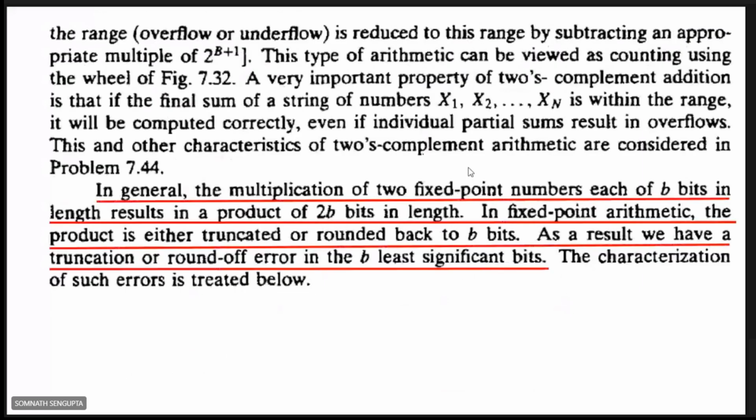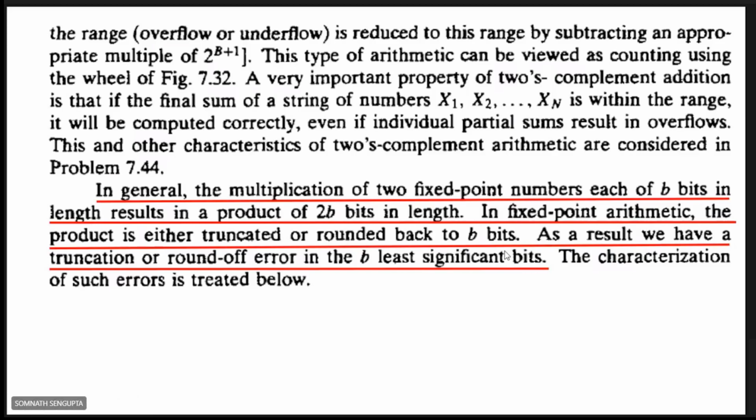Now, this last paragraph you study. In general, if you want to multiply two fixed point numbers, each of b bits, the result is 2b bits in length. So in fixed point arithmetic, the product is either truncated or rounded back to b bits.